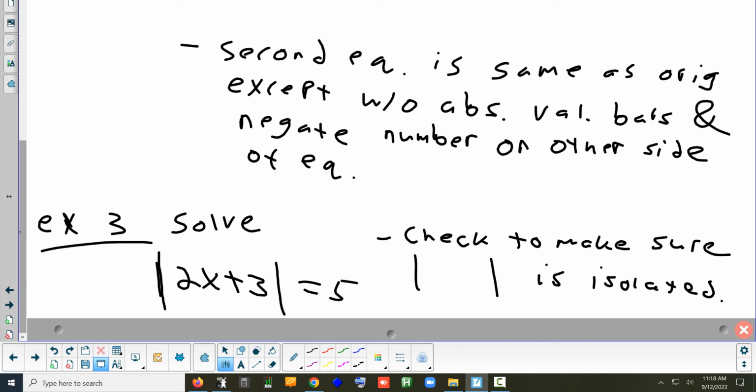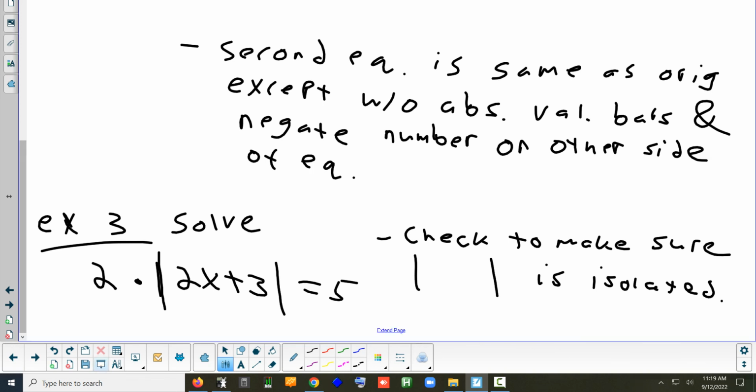What that means is you don't want to have something like this. That's no good. You don't want to have addition or subtraction outside the bars. You also wouldn't want to have something like multiplication. So your first step is to isolate the absolute value expression. If that was my problem, I would divide each side by 2 to start.